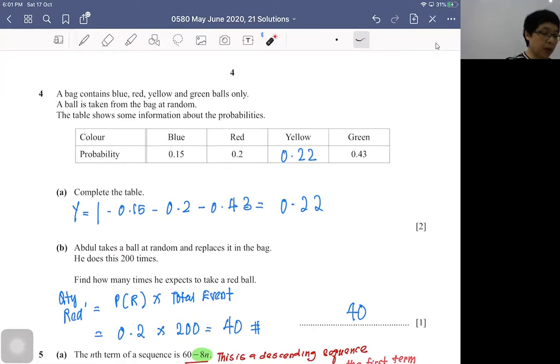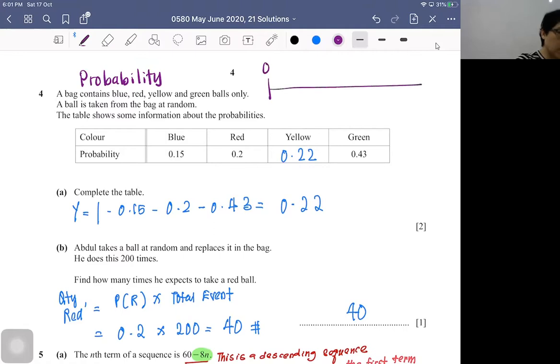A, complete the table. All right, so we know that this is on probability, and when it is completely impossible, we know that we're going to start with 0. And then as we go all the way to the condition where it is certain, we know that it's going to be 1.